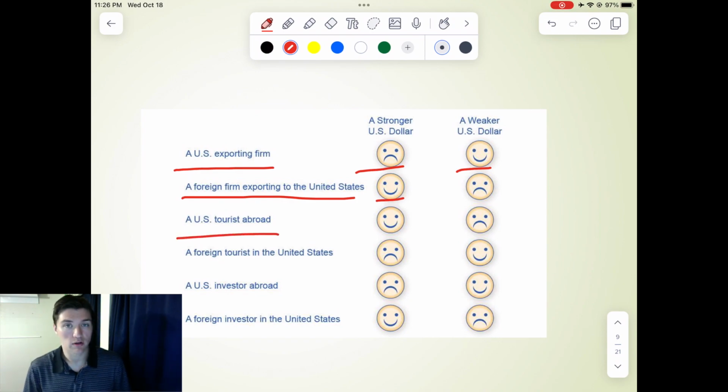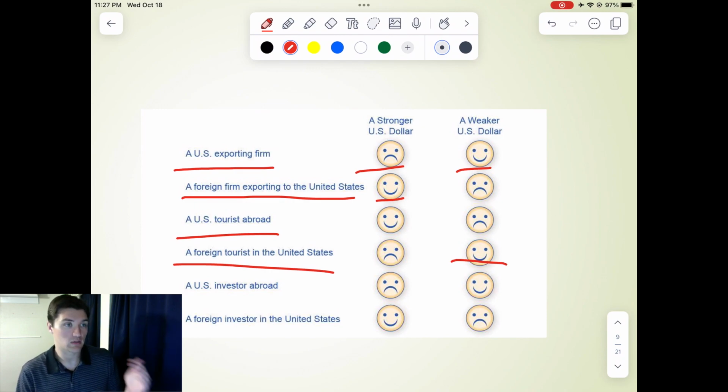How about a U.S. tourist traveling abroad? Well, if I'm traveling abroad, I want to be able to buy more stuff. And the only reason I can buy more stuff is because my dollar is stronger. Okay? So if I have a stronger U.S. dollar, I'm going to be happy as a tourist. However, I'm going to be happier if I was a foreign tourist in the U.S. if I had a weaker dollar.